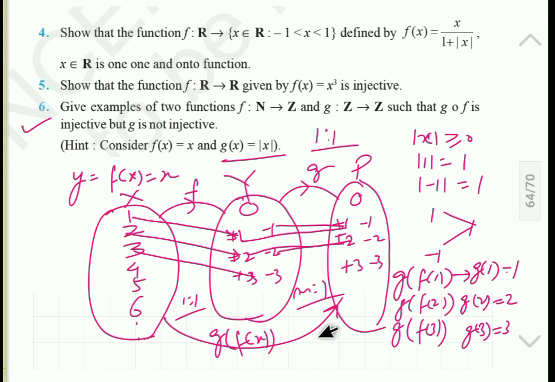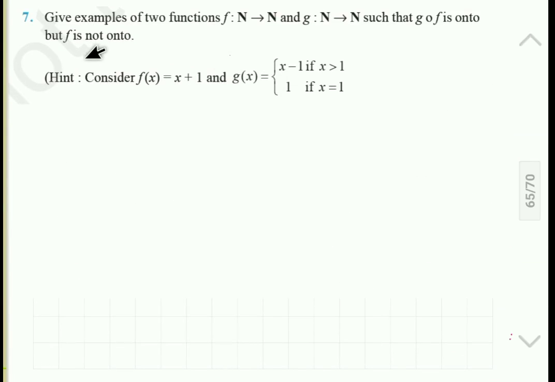So we can see this g∘f function is one-one. 1 has a unique and distinct image 1, 2 has the image 2, 3 has the image 3, and so on. So this function is definitely one-one. Correct. Next.